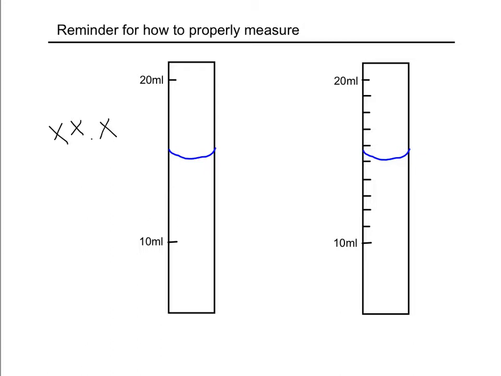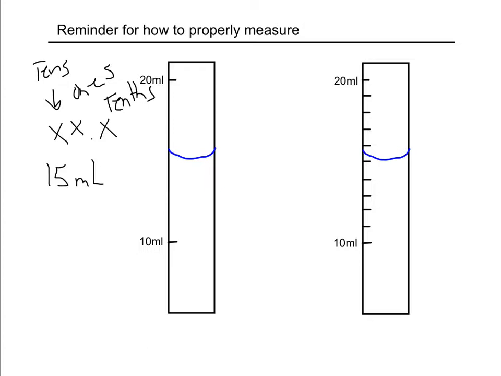So if we have place values here of tens, ones, and tenths, and we are increasing by increments of tens, we would want to estimate to the ones place. So we would estimate this one too, and I'm going to say that this is roughly 15 milliliters.